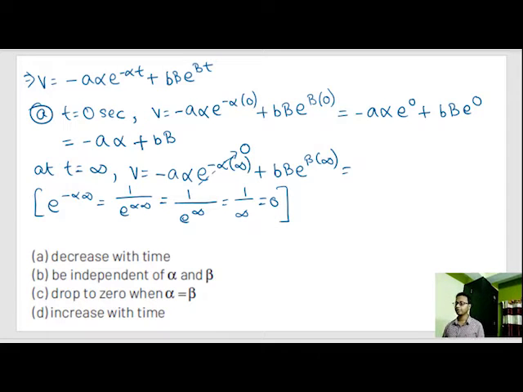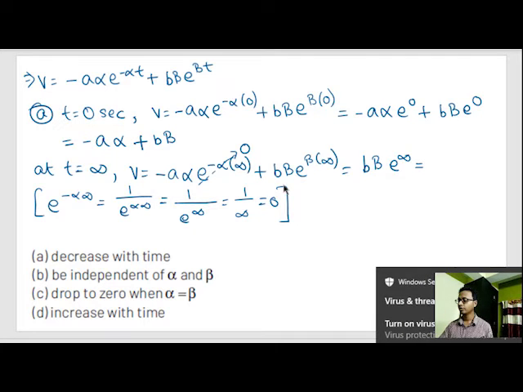Now let's check out this term b beta e to the power beta into infinity. See, this directly becomes b beta into e to the power infinity, which is a very large number, which is equals to infinity.